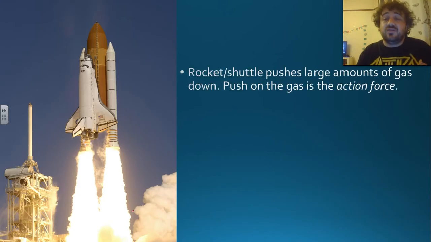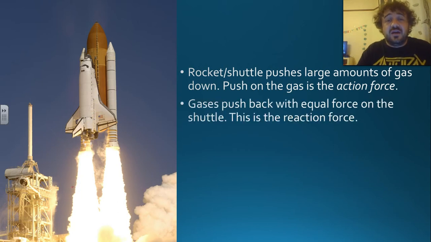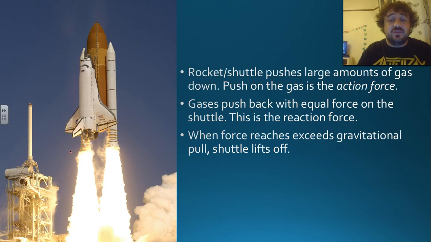Alright, the shuttle, we're back. The shuttle pushes large amounts of gas down, it pushes down on the gas out the exhaust, so the gas comes out of the exhaust here because the rocket is pushing it down. That's the action force. The gases push back with equal force on the shuttle, and that's the reaction force.